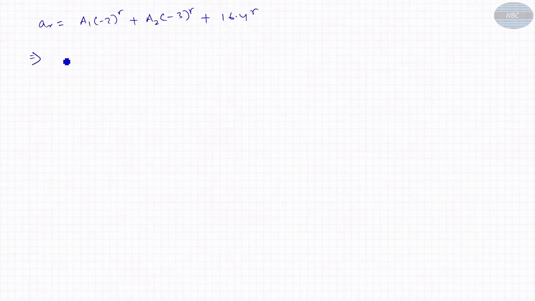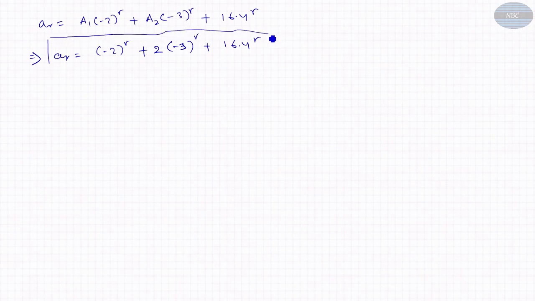Okay, so AR can be written as, the value of a1 is 1, so this is minus 2 to the power r plus the value of a2 is 2, plus 2 into minus 3 to the power r plus 16 into 4 to the power r. Okay, so this is the total solution we got, and this is the answer.